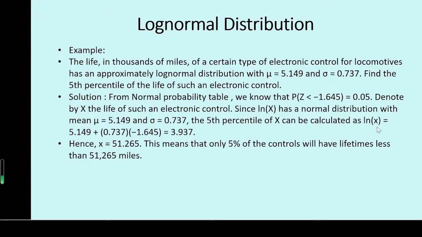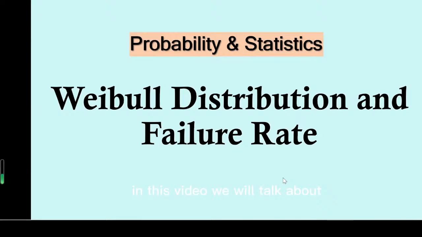So because log x equals 3.937, we take e to the power of this term, and we get x equals 51.265. So this means that only 5% of the controls will have lifetimes less than 51.265 thousand miles.